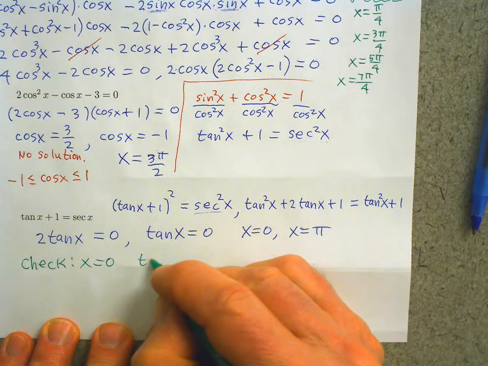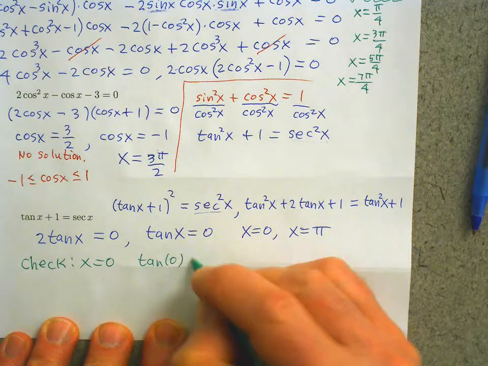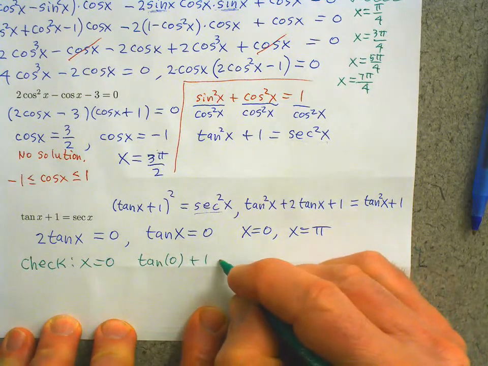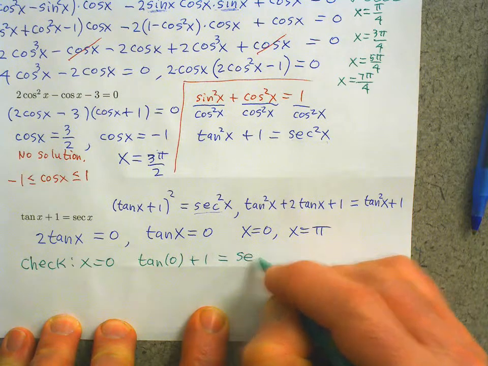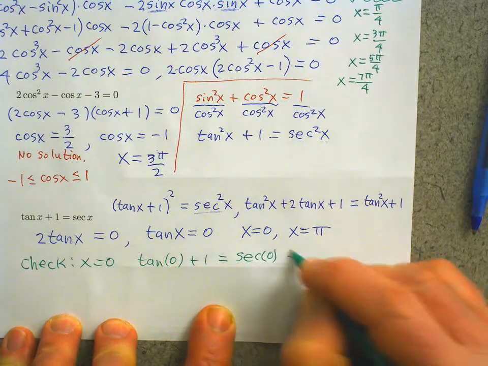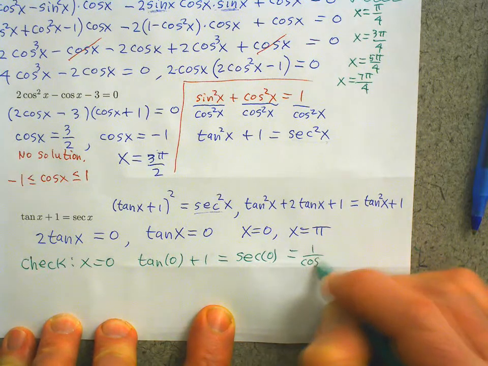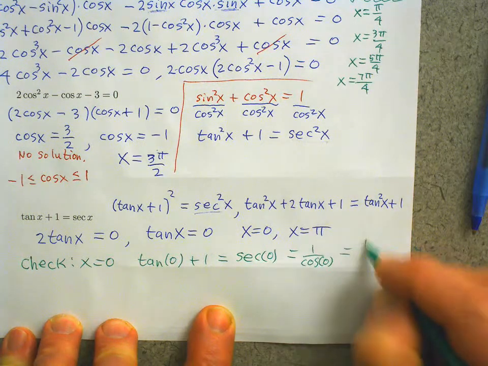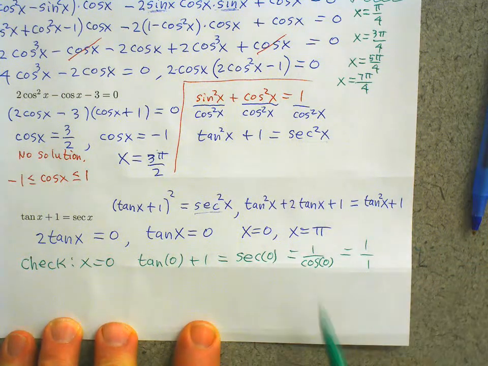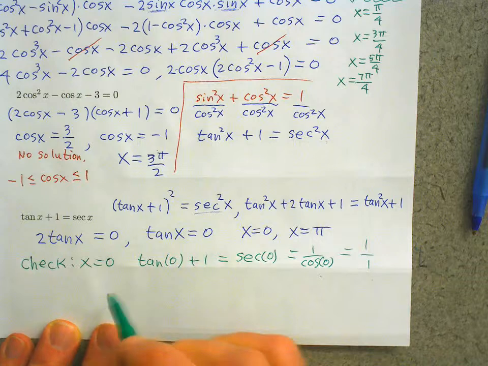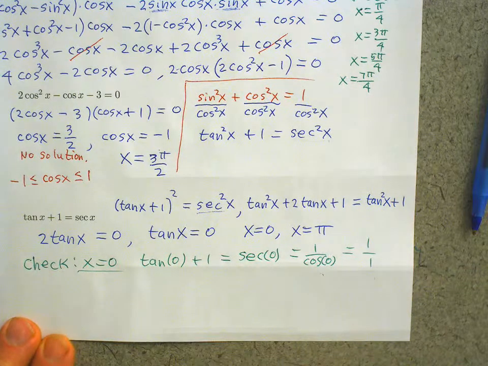Tangent of 0 plus 1 equals secant of 0. This is 1 over cosine of 0. But cosine of 0 is 1, so x equals 0 works.